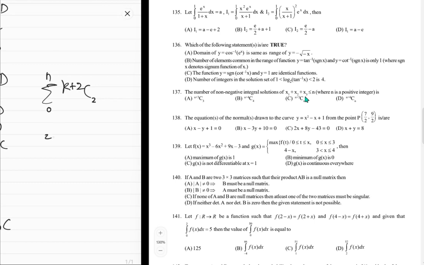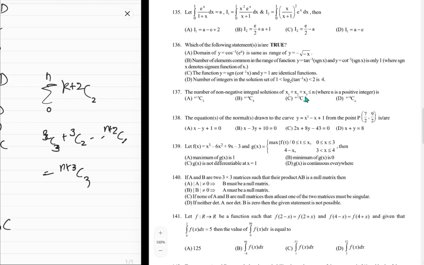So it's like 2c2 plus 3c2, going on till n plus 2c2, and you know this is just n plus 3c3, right? Because 3c3 plus 3c2 is just 4c3 and so on, and eventually you get n plus 3c3.